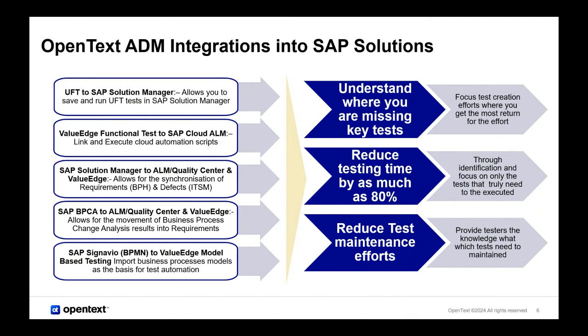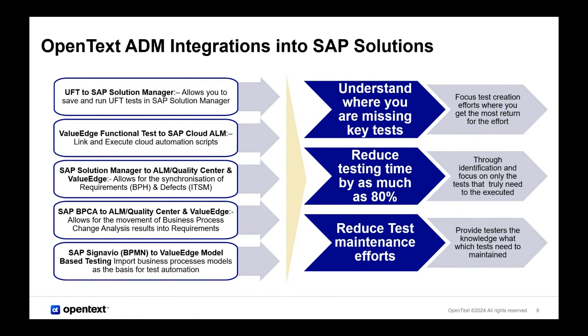So that integration from a Solution Manager point of view is not only from a process, but also from an automation point of view. On top of that, we have our integrations with SAP Signavio. Signavio is a really core part of what people are looking at within the SAP RISE program, supporting those business process models, so we have the ability to bring that through into our solutions.